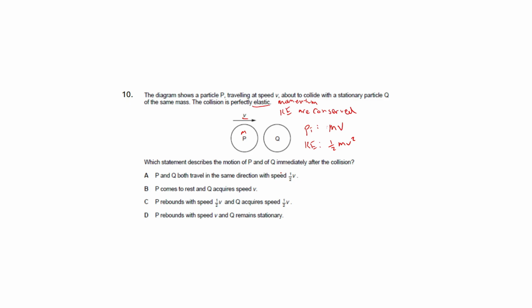So let's look at each answer choice, calculate their momentum and kinetic energy, and see if they equal the initial ones. So in this case, P final is equal to 1/2 v times m plus 1/2 v times m, because we can see that P and Q both travel in the same direction.